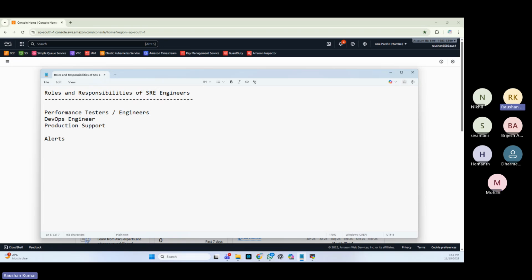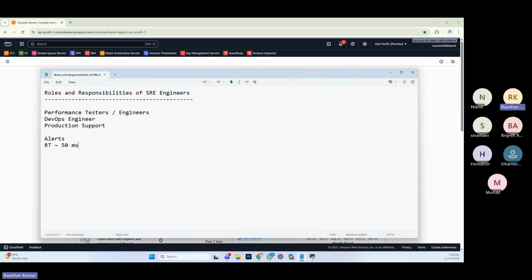And when you get the alert, it has to be with some severity, priority. If you get an uptime alert, it's a P0, it's priority 0. You have to attend to that at the earliest, right? If the response time, let's say, for example, you are serving all responses in 50 milliseconds, but now the response time has become 100 milliseconds.